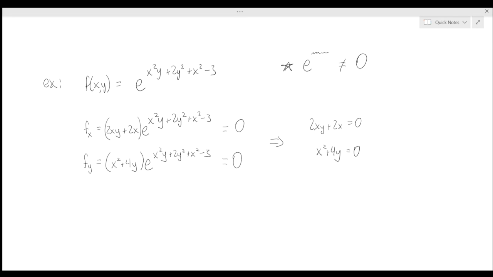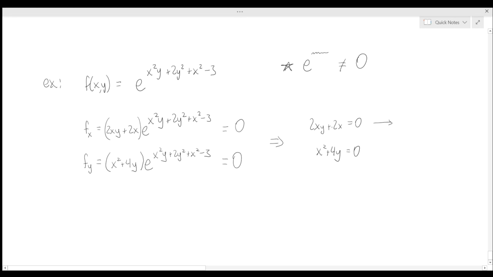Okay, now solving for the critical points, that can be a little bit tricky. It really just depends on what you end up with when you take fx and fy and set it equal to 0. And how you solve for the critical point, there's a couple different ways of doing it. For what I have right now, I noticed that I can factor my first equation.